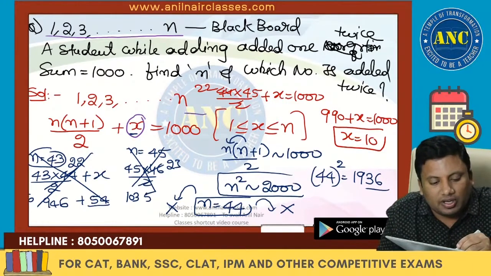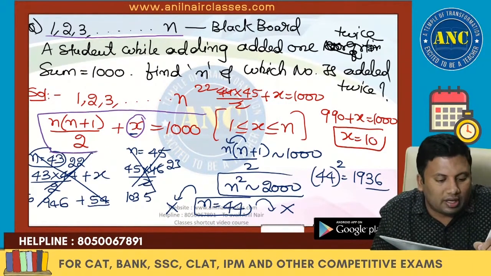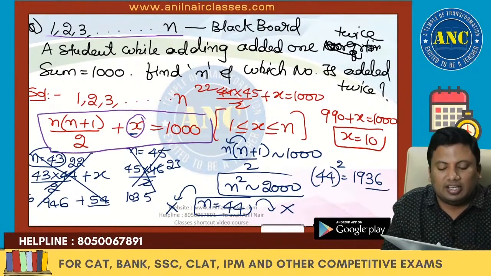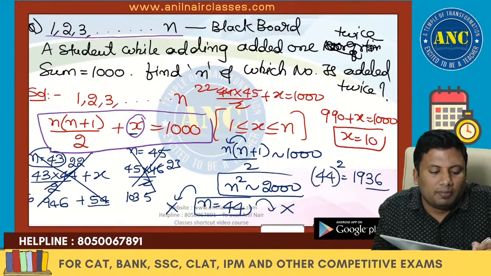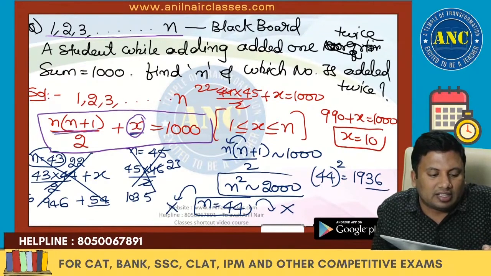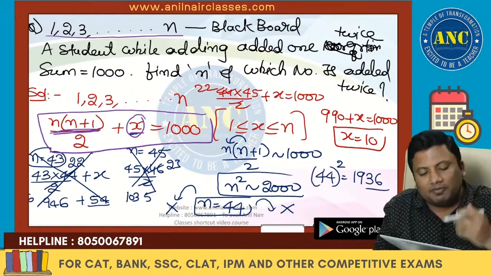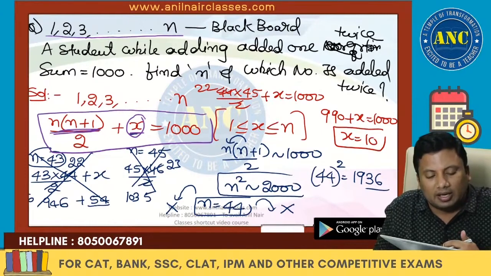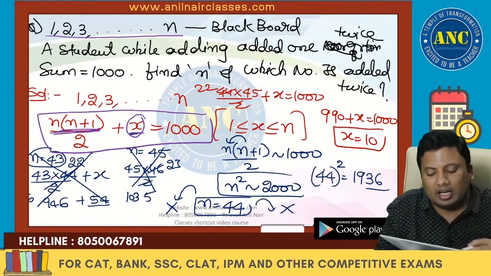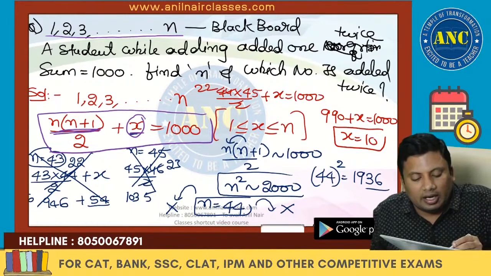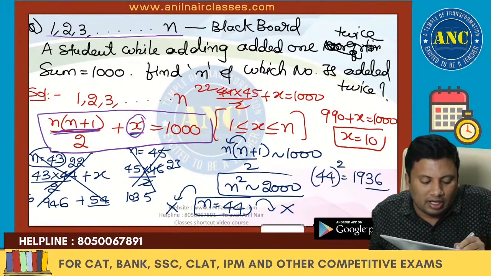So the equation is n into n plus 1 by 2 plus x is 1000. X is a smaller value because this is a number and the other is the sum of the numbers. Sum of the numbers will be much bigger than the number. So n into n plus 1 by 2 is nearer to 1000, n plus 1 is nearer to n, and n square is nearer to 2000.